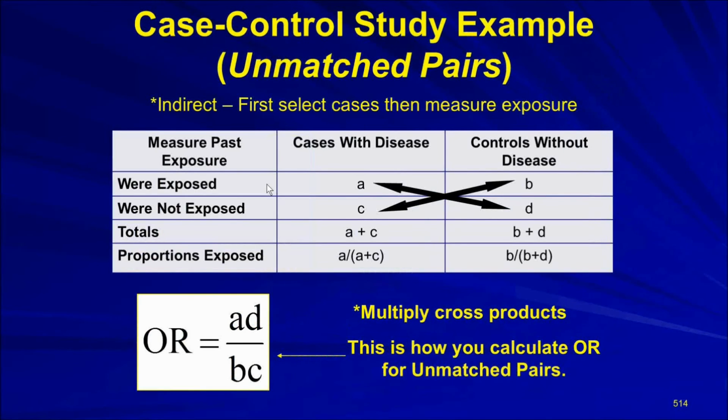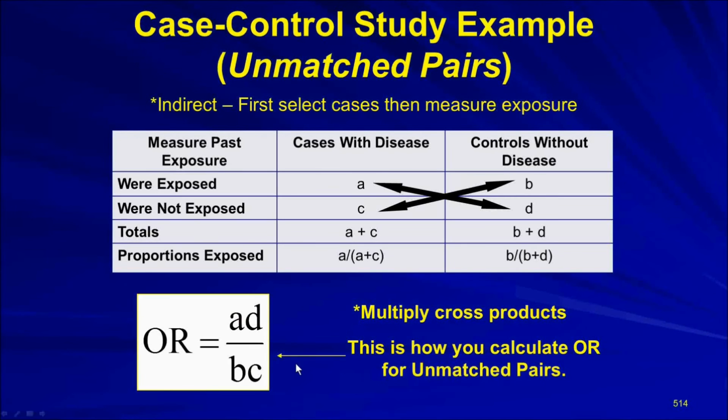This shows, and I want you to notice the layout of the table again. Cases with the disease, controls without the disease, were exposed, were not exposed, and the multiplication of cross products. This is how we calculate an odds ratio for unmatched pairs. I want you to be certain to notice the headings in comparison to the prior table for relative risk.